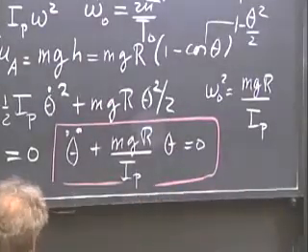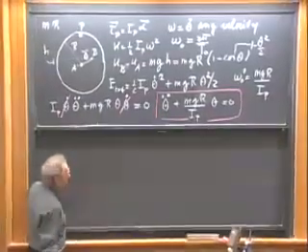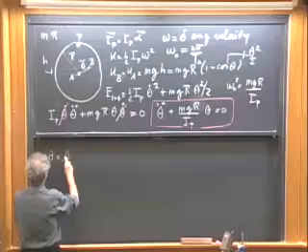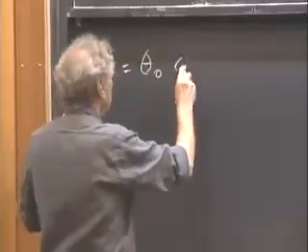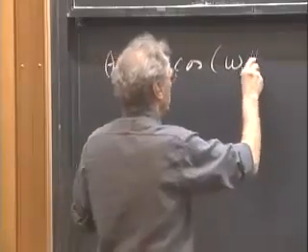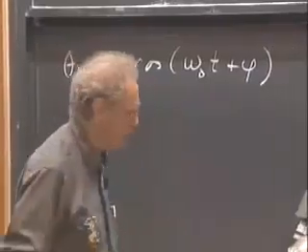And so the general solution for this oscillation then becomes that theta is theta 0, that is the amplitude, times the cosine, or the sine if you prefer that, omega 0 t plus some phase angle phi. That is the general solution.